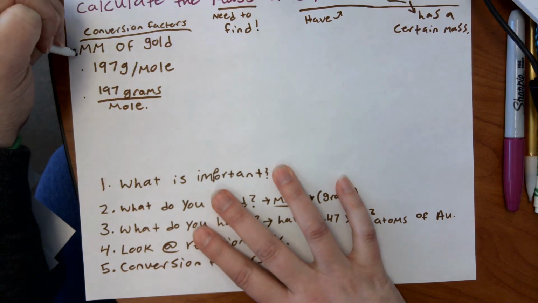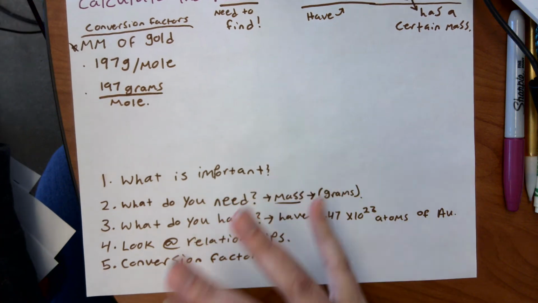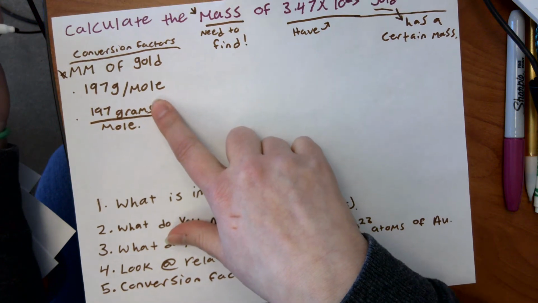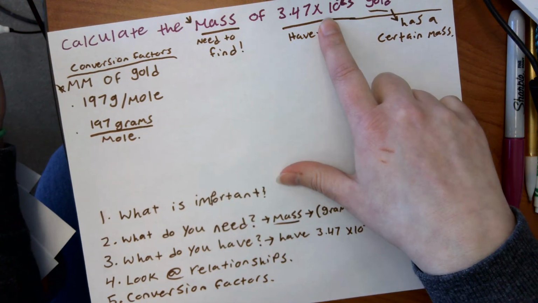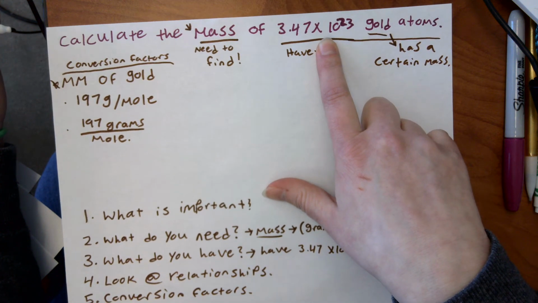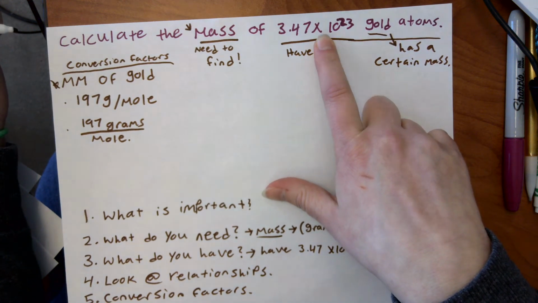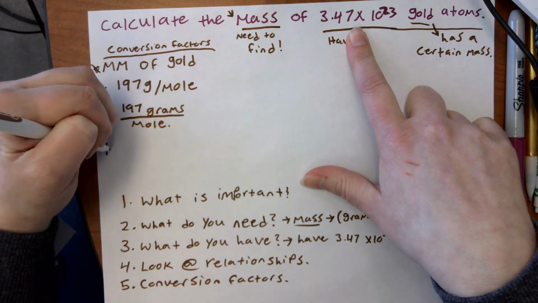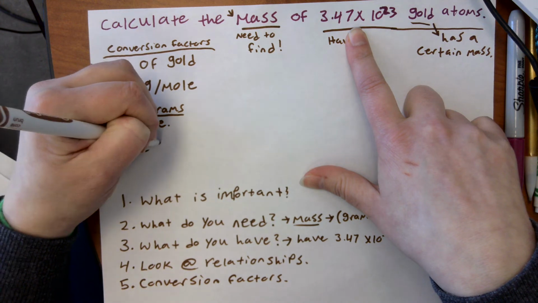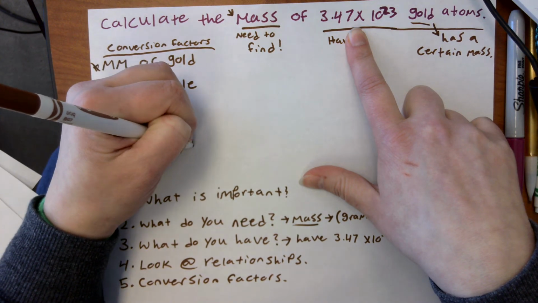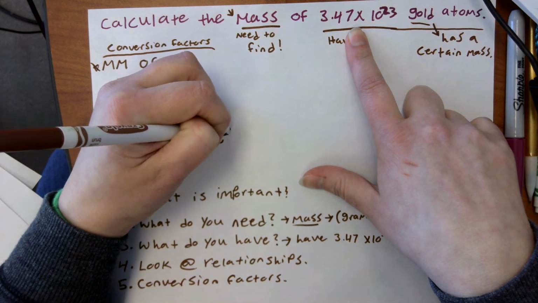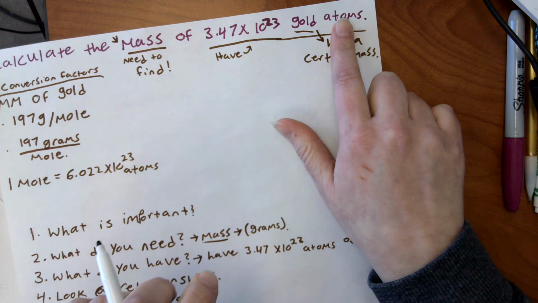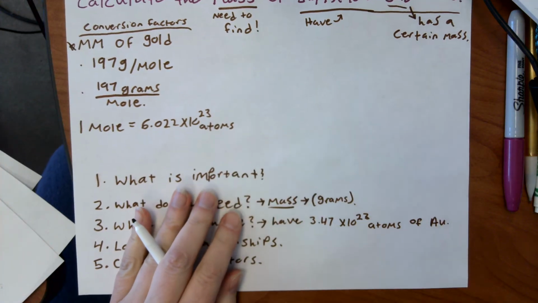So if we know that about gold, another conversion hopefully you should realize that you should have, if we see mole, oh hey, we got this big number again. Maybe we should be finding out how many moles this is. So write your conversion factor that you have 1 mole equals 6.022 times 10 to the 23rd, and we have atoms, so it's going to be in atoms.